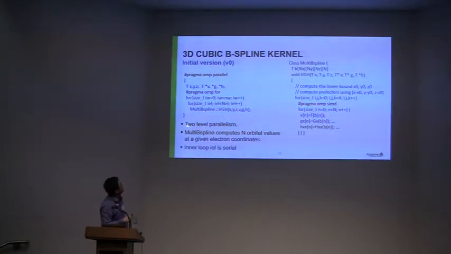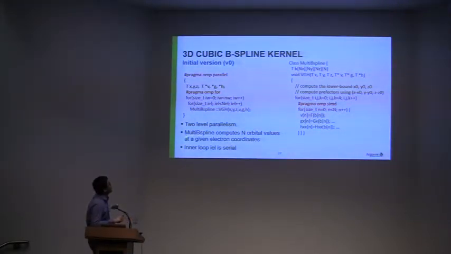The two-level parallelism is written separately on the left and right side. Basically, this side has a parallel for over all the workers, just to mimic the worker parallelism. And this is the computing of a set of spline orbitals, and we have the OMP SIMD I mentioned earlier.